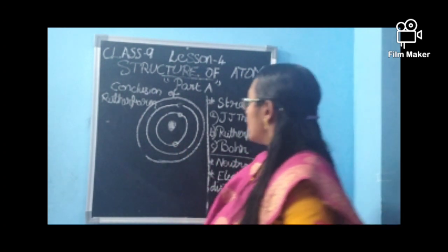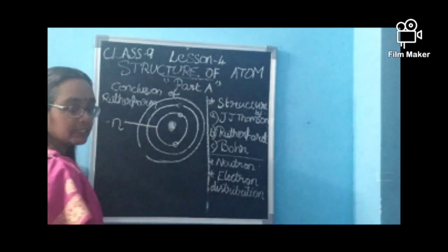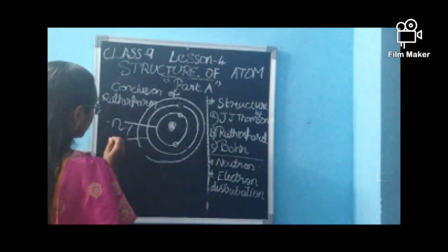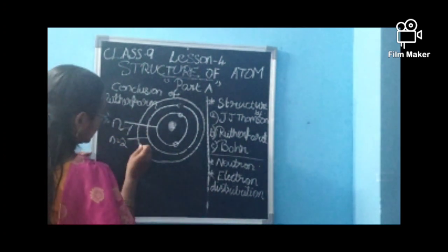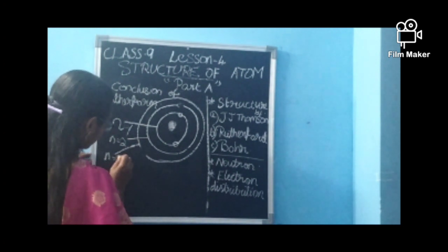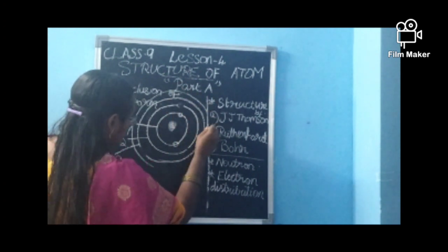We call the first orbit the energy level n, where n is equal to 1. This one is n equal to 2, and this one is n equal to 3. One more shell is there where n is equal to 4.